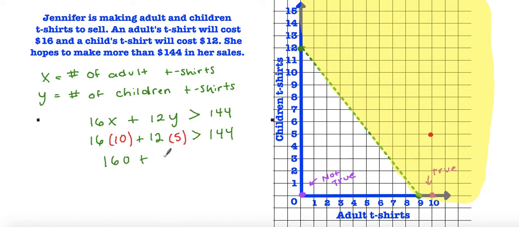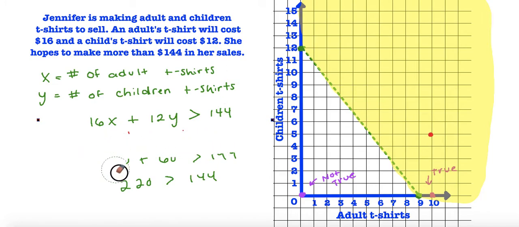And then 12 times 5 is 60. And we could see that that's already going to be greater than. So if we add these two up, we get 220, which is greater than 144. So anything on this shaded region will be greater than 144.